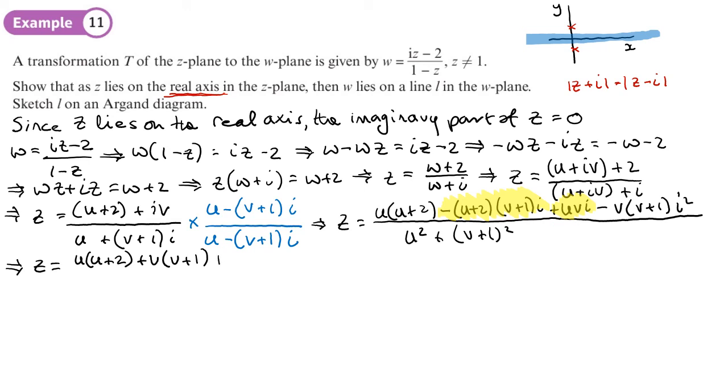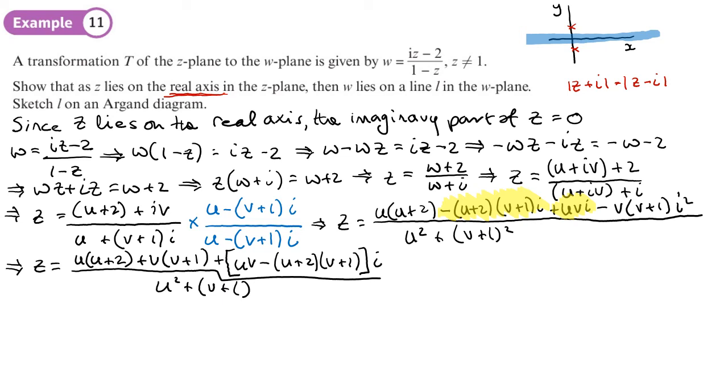So I'll put those in brackets. So plus, let's write uv minus u plus 2 times v plus 1. All of that is i, and that's all over this denominator. So my fraction line there is not completely straight, but hopefully we get the idea.